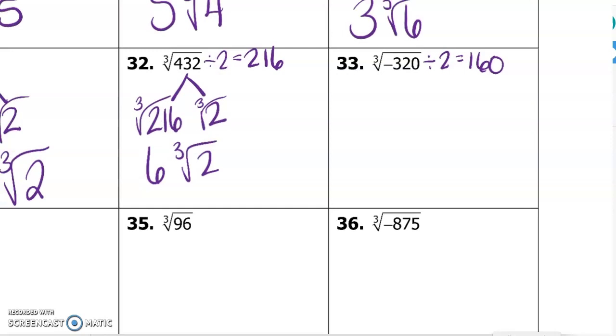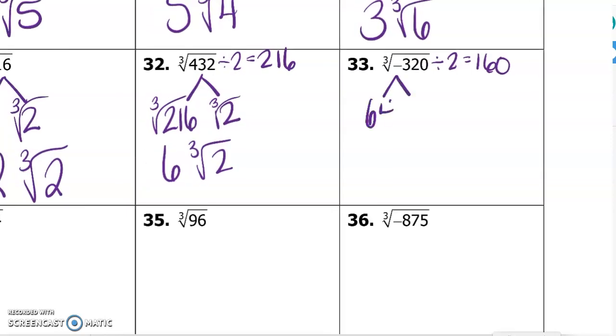So this was 64 times 5, and we're going to put the negative with the 64. Cube root, cube root. The cube root of 64 is 4, so just negative 4 now. Cube root of 5.